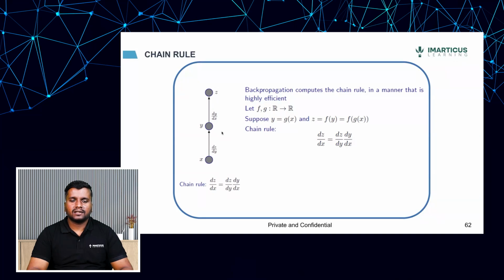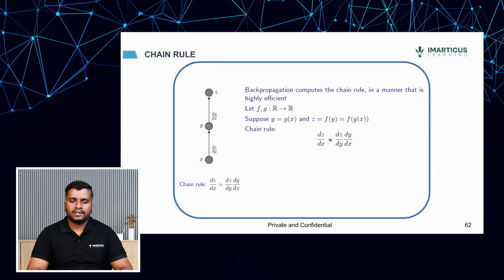Let us consider a function g, where y is equal to g of x and z is equal to f of y, and f of y is nothing but f of g of x. That's why z is a function of g of x.